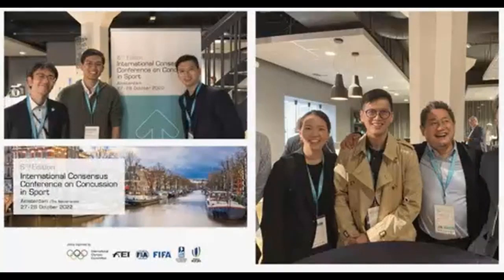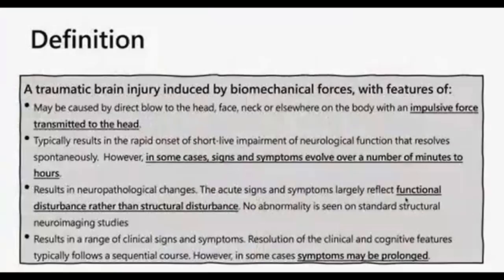Next year, the scientific committee is going to issue 11 different systematic reviews addressing different topics on sport-related concussion. I strongly recommend everyone interested in sports medicine to take a look after they release these systematic reviews.